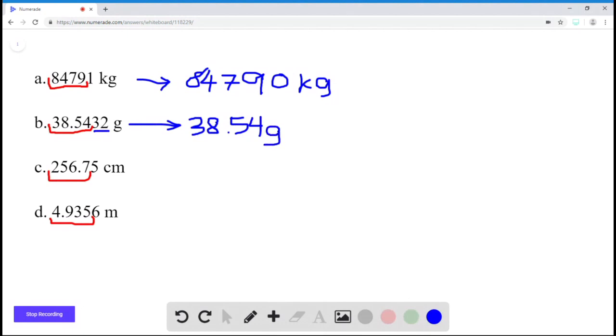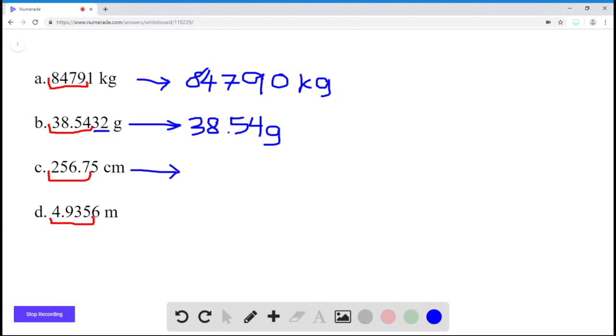And now you want to be careful that you don't add, so the first problem we had to add a 0 as a placeholder 0, but if we were to add placeholder zeros in this one, remember that any 0 to the right of a decimal point is a significant figure, so just make sure that you don't add any zeros and you just leave it as 38.54.